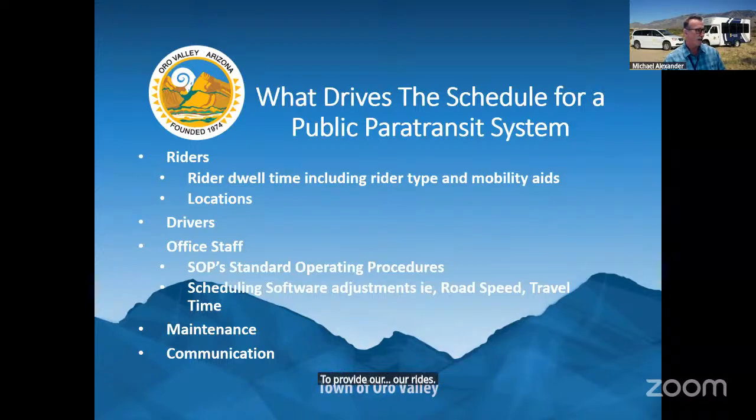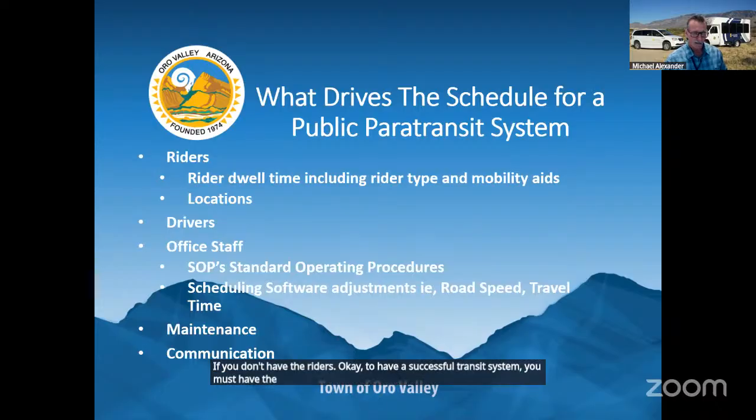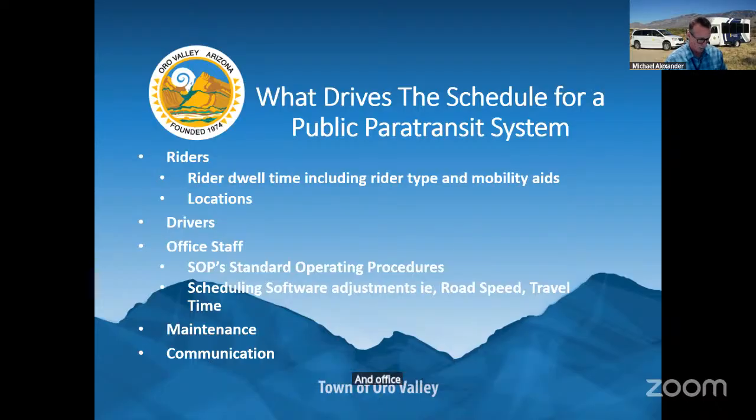Okay, so first you have to have riders. Without the riders, obviously we don't need a system. So what's the point of having a system if you don't have the riders? To have a successful transit system, you must have the qualified drivers and office staff. For these employees to be qualified, you have to have operating procedures. So that makes sense.